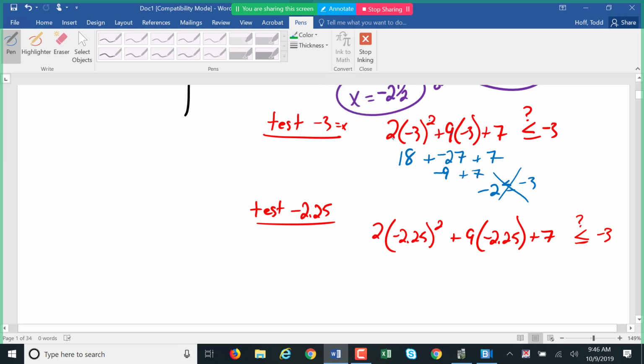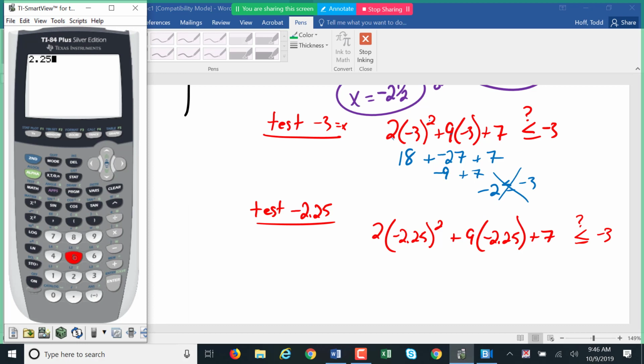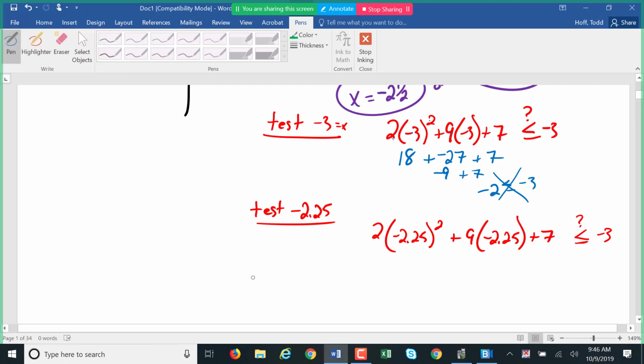Well, negative 2.25 squared is 5.0625, times 2 will be 10.125. 9 times negative 2.25 is negative 20.25, and then plus 7. 10.125 plus negative 20.25 is negative 10.125. Plus 7 is negative 3.125. That is less than or equal to negative 3, so it's true there.